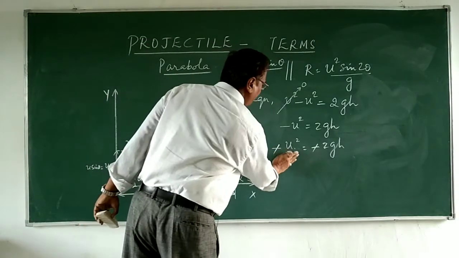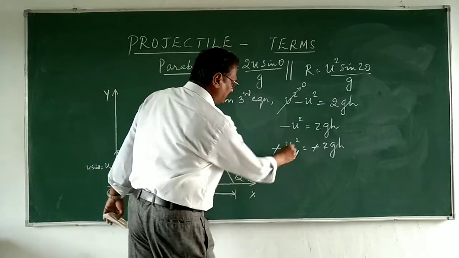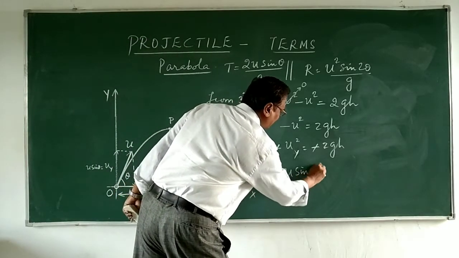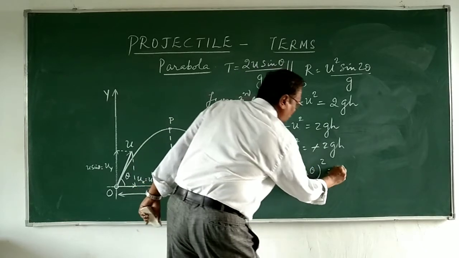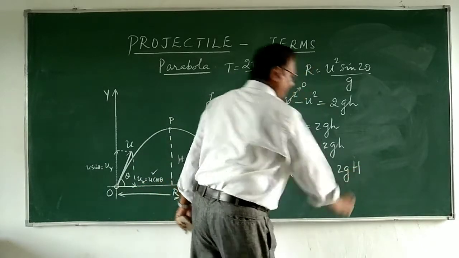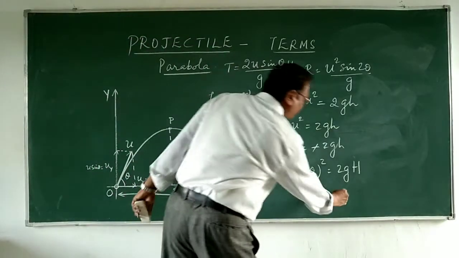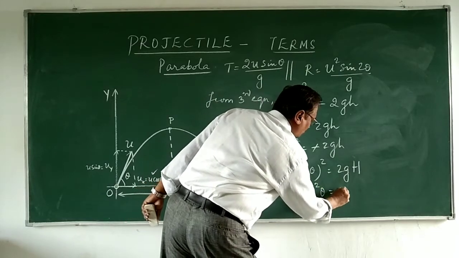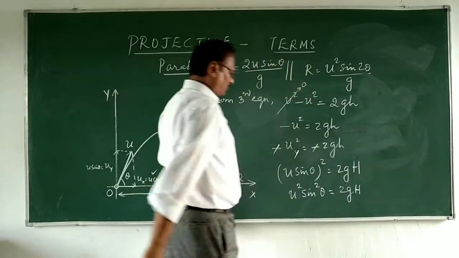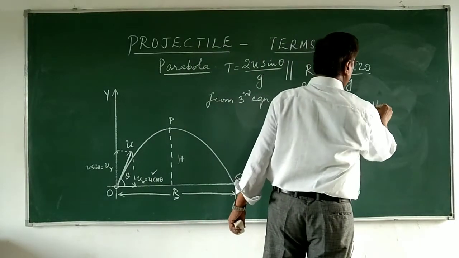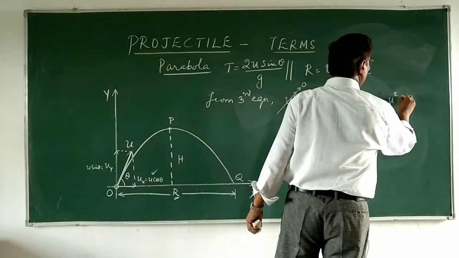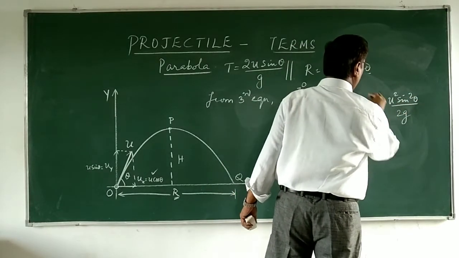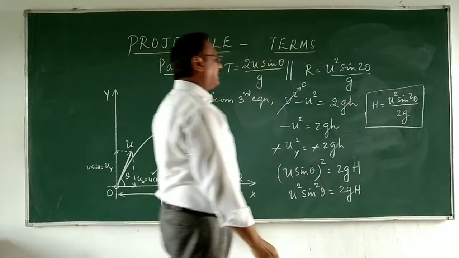And what is the y component which is taking it up? That is u sine theta. So u sine theta, the whole square, is equal to 2g, the height travelled h we will say. Or u square sine square theta is equal to 2gh, or we can simply say h is equal to u square sine square theta divided by 2g, and this is the formula for maximum height travelled by a projectile.